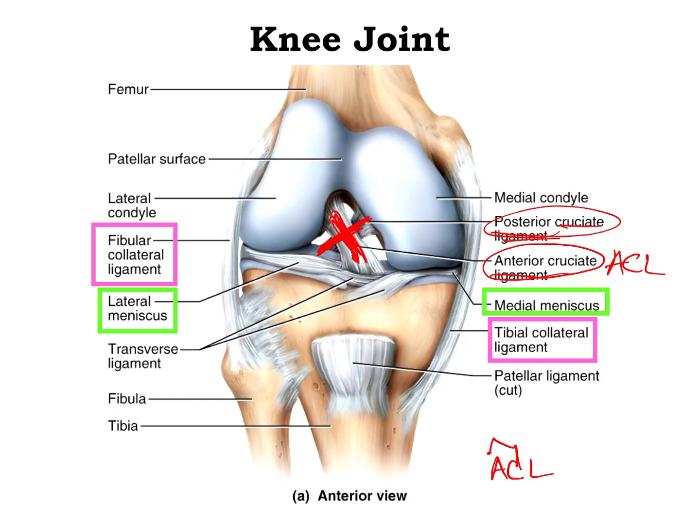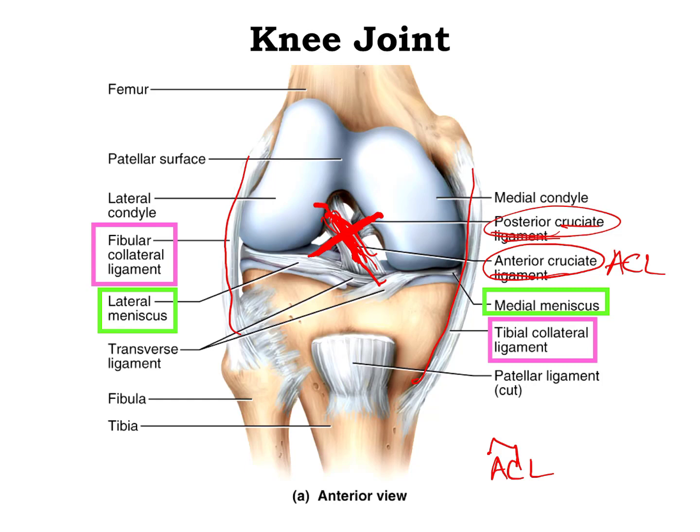So one goes from the lateral condyle to the medial condyle of the tibia. One goes from the medial condyle to the lateral condyle of the tibia. And so they crisscross. And then you have your side ones, which are collateral ligaments.